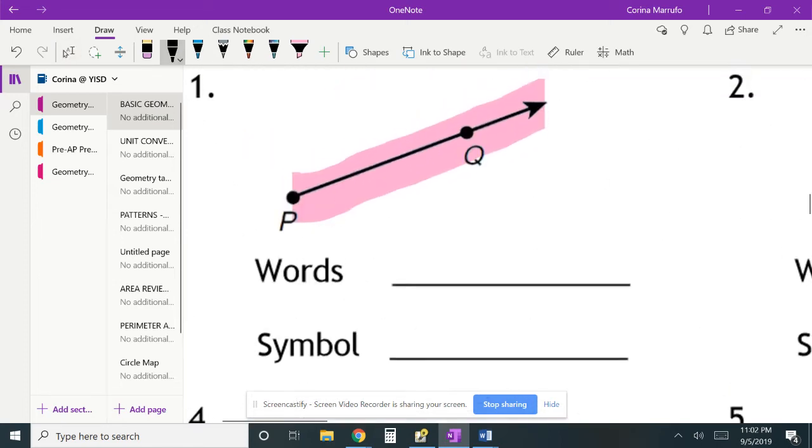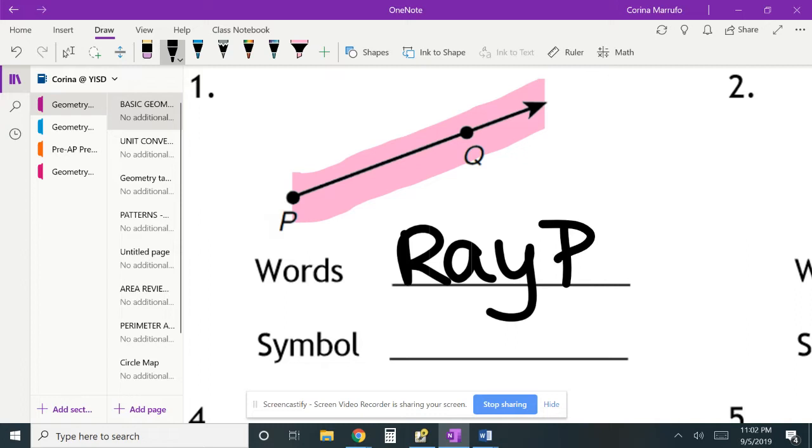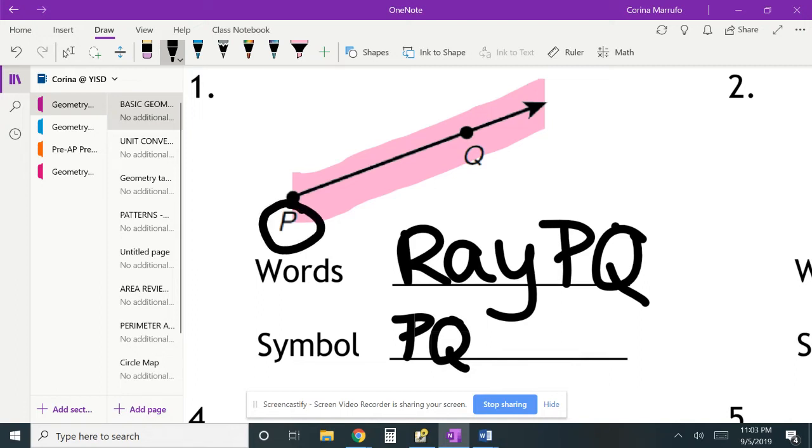This is going to be ray. And then with your rays, the order matters. So ray PQ. And then with symbols, you put a P and a Q. Remember, we have to start with the letter where the endpoint is. That's why I'm starting with P. And then you make a ray on top.